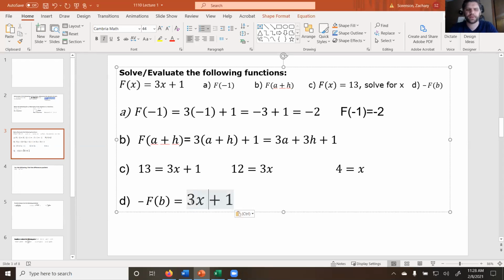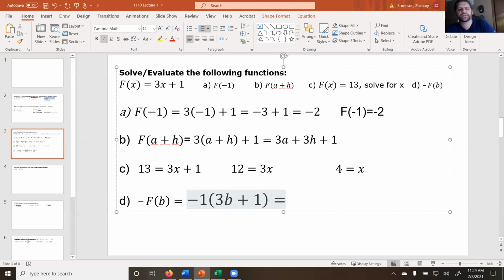What John was also talking about is here. I have this negative in front of my function. So if I have a negative in front of my function, what I'm going to do is multiply the entire other side by -1. Or another way to think about it is I'm going to flip the signs of the other side.